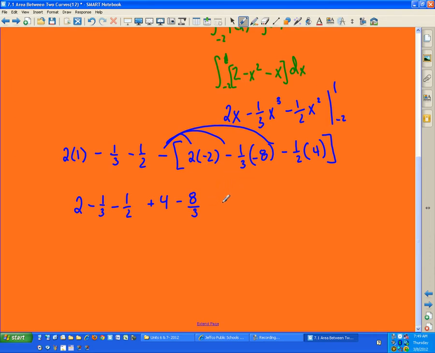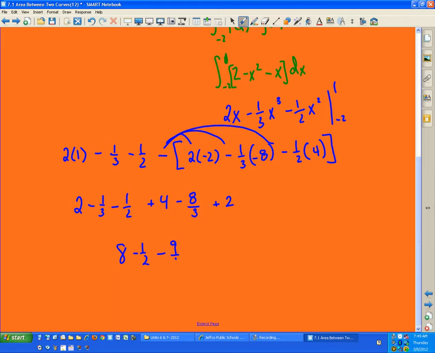Combining my numbers, I've got 2, 4, and 2, and they're all positive, so that looks like 8. Then minus 1/2, we'll deal with that one because there's no other halves to deal with. Then minus 1/3 and minus 8/3 combine to give me 9/3, which is also subtracting 3.